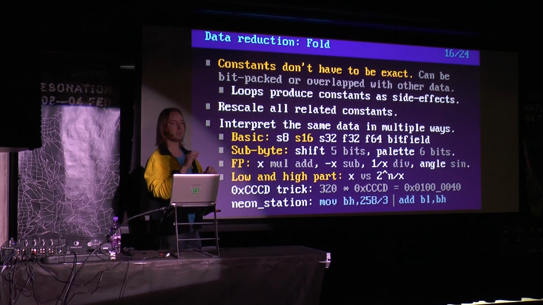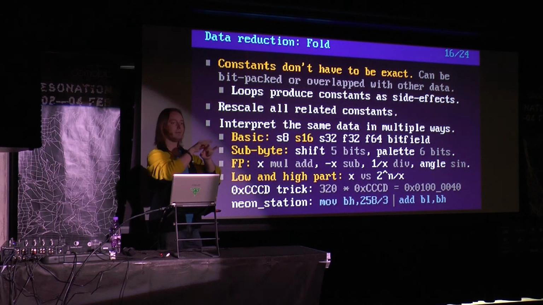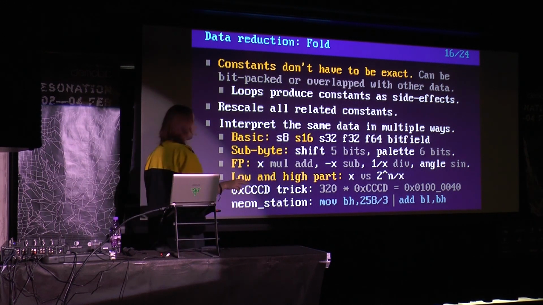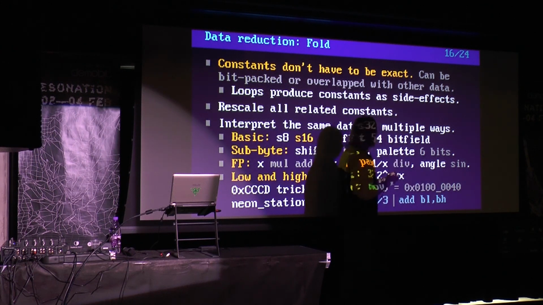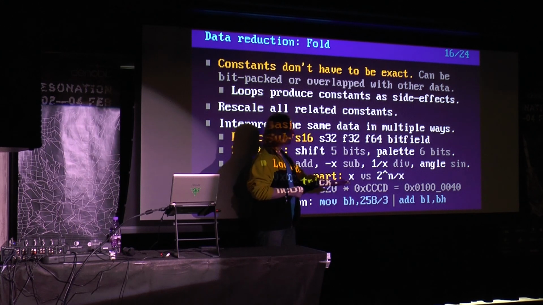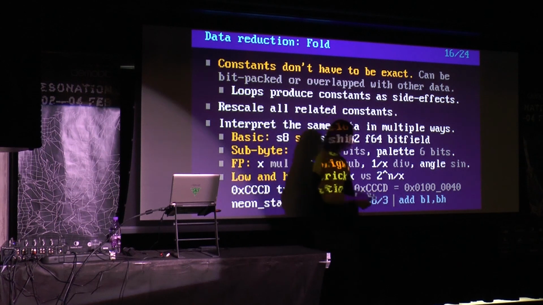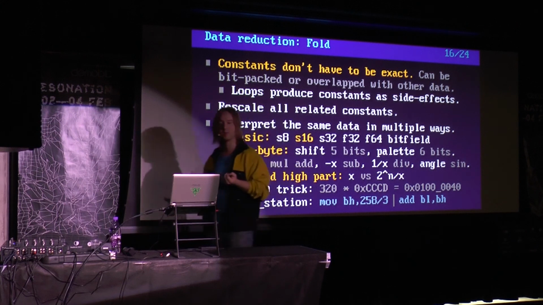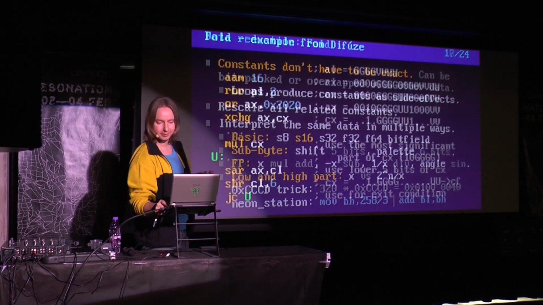So not only can you address three things, do the same things to x, y, and z, but you can also test for the end. So you do it only once. The CCCD trick is basically 2 to the power of 24 divided by 320, so that when you do 320 steps, you loop over and add 1 here. This is the base of the trick, and it also is an inverted constant, a reciprocal constant.